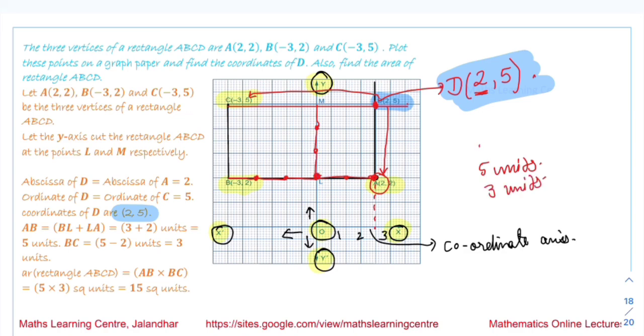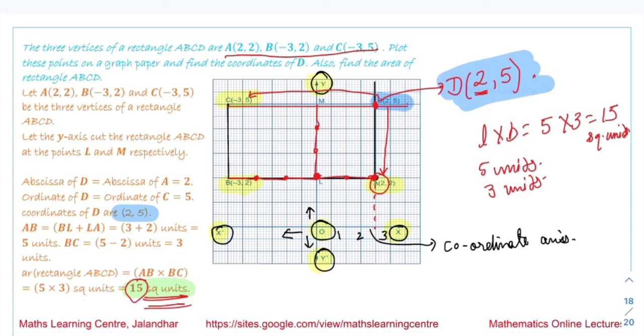So the area of the rectangle is length into breadth, that is equal to 5 into 3, which is 15 square units. Writing the square unit is also important over here: whatever the units of these terms are, the area will be in terms of square units.